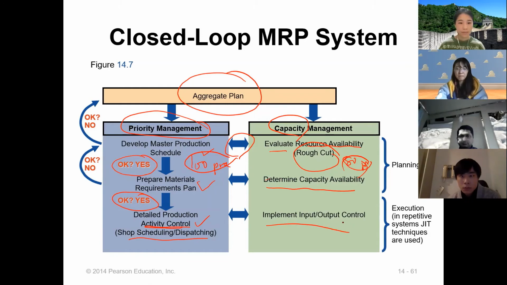Do you need to do overtime? Do you need to change the delivery date? You have to negotiate with customers whether you can deliver or not. So this is closed loop because it integrates with the aggregate plan.